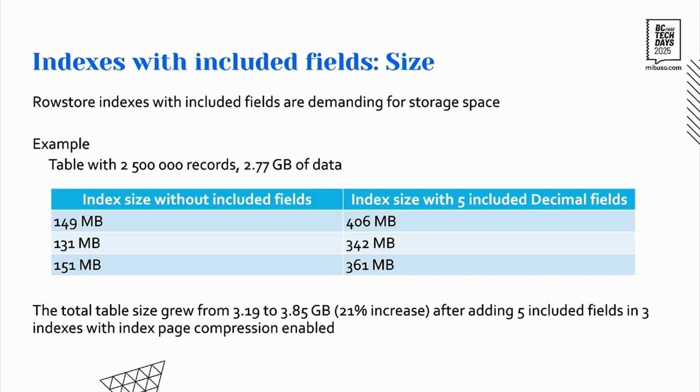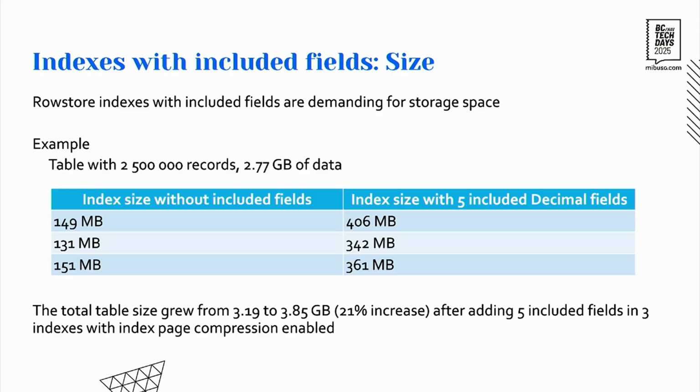Here, let's say I have a table that had 2.77 gigabytes of clean data without indexing. Adding just 5 fields to 3 indexes on this table increased the total size from a little over 3 gigabytes to almost 4, a 21% growth. Just 5 fields in 3 indexes.